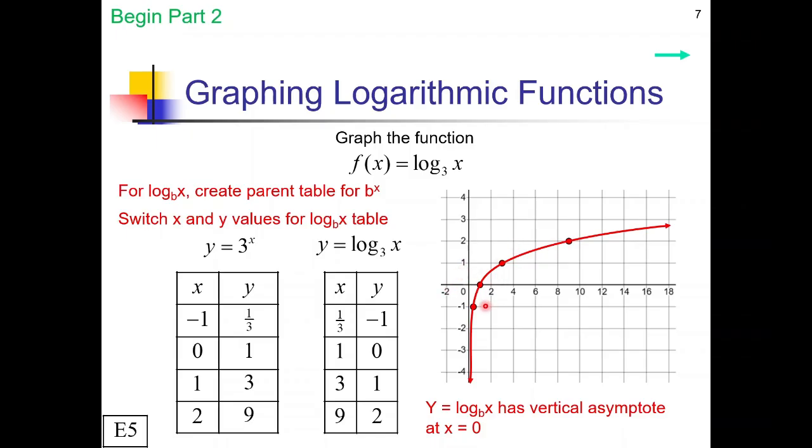Because if you think about it, when you plug a 0 into this log function, you'd be asking what would I have to raise 2 to get 0, which would be impossible. If you plugged negatives in here, you also can't get a negative number by raising a positive number to some power. So for that reason, it's worth noting the domain and the range of these logarithmic functions. And again, that's a domain of x greater than 0 and a range of all reals.